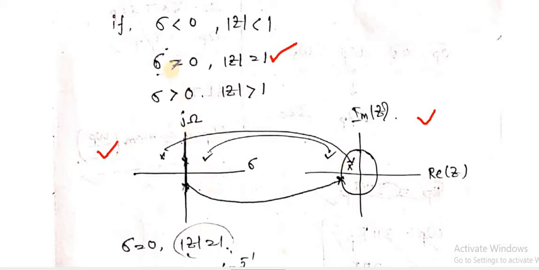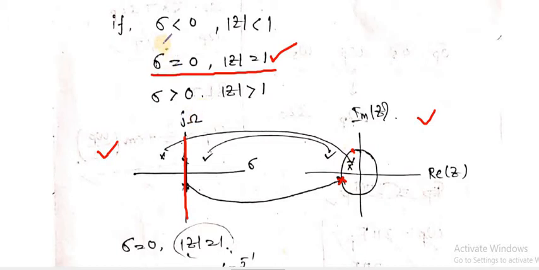Sigma equal to 0 means the poles are all situated on the imaginary axis. So if the poles are on the imaginary axis, we get mod Z equal to 1. That means all the poles on the imaginary axis will map onto the unit circle.